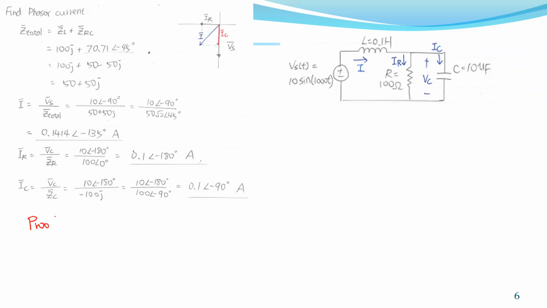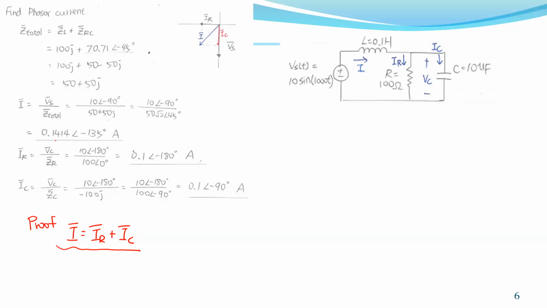So I just write it here. You can prove I equals IR plus IC, and they should be the same. You need to convert this polar form back to rectangular form, and they should be the same.